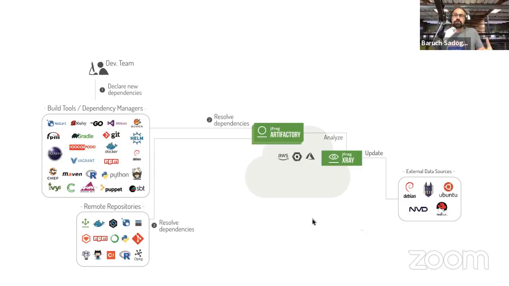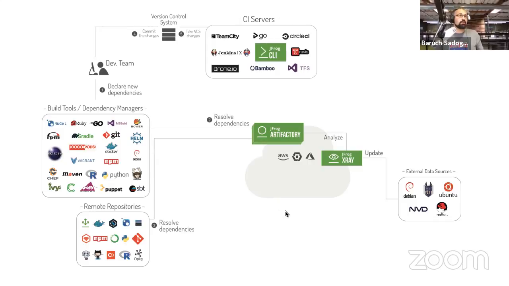After those artifacts are scanned, they are returned to the developer, who successfully builds on their local machine whatever they are trying to build. Once this is done, the next step is committing the changes to the version control system, and this is where the CI servers kick in.